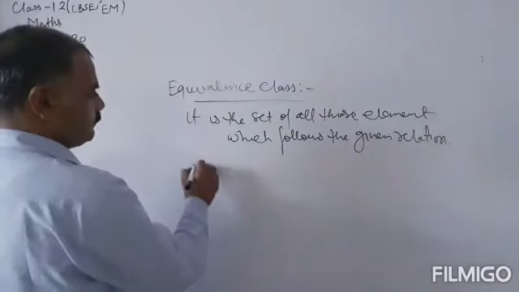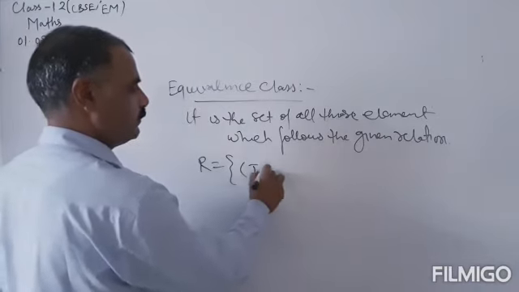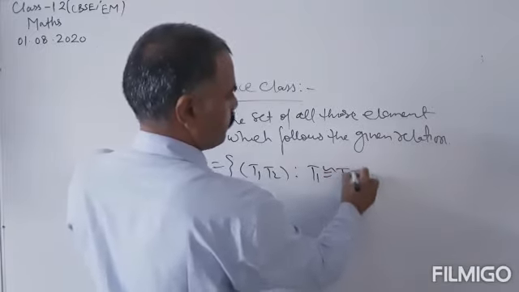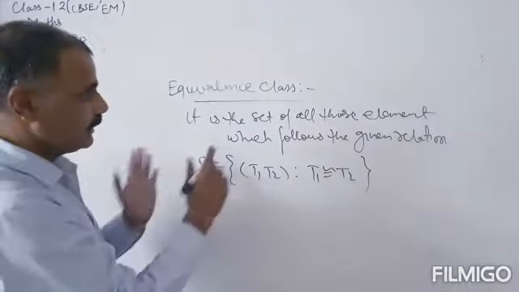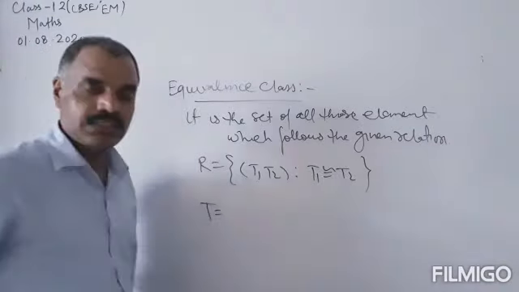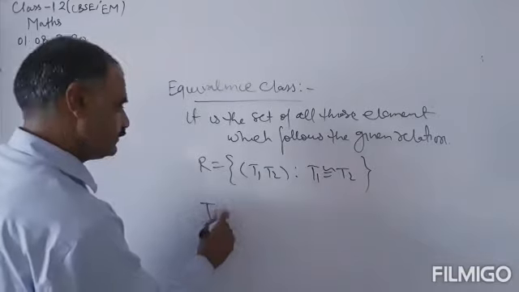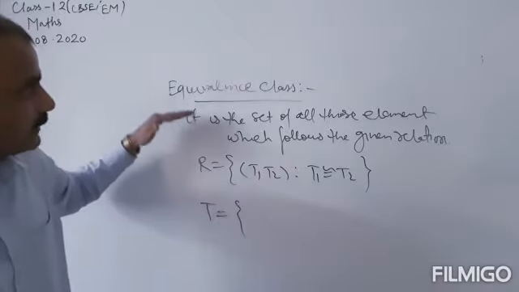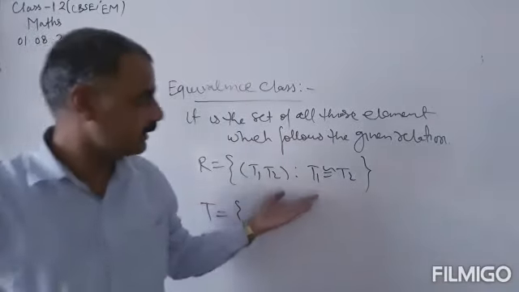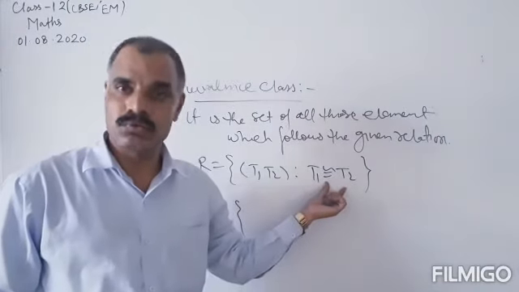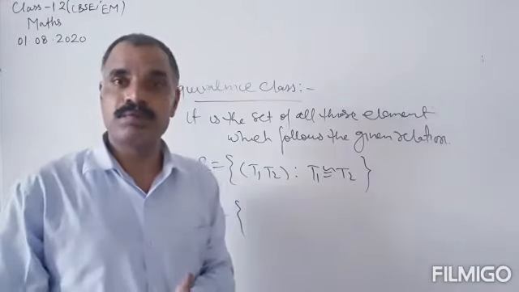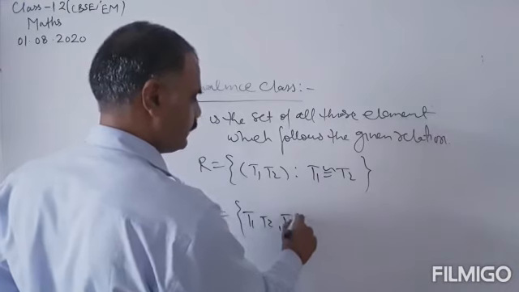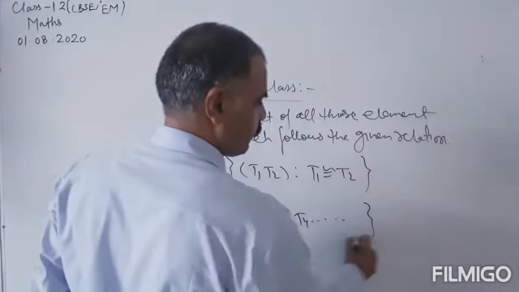Like if the relation is given as (T1, T2) such that T1 is congruent to T2, then what is the equivalence class of T? The equivalence class of T is the set of all those triangles which follow the congruency property, which are congruent to each other.